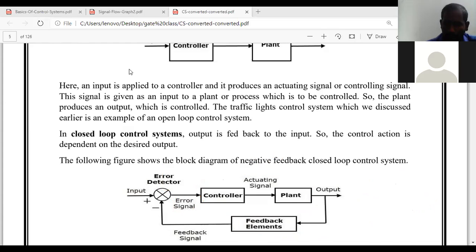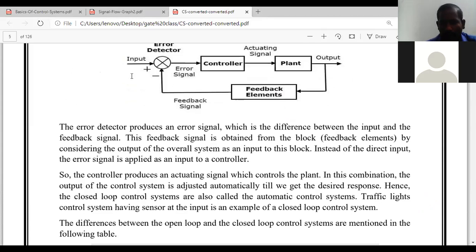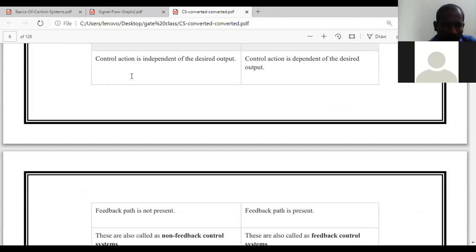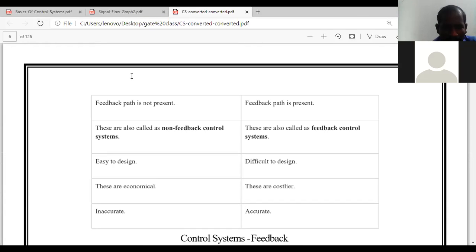Next, we move on to the examples. That is the difference. The main difference here is that in closed loop, the feedback element is there. In open loop, the feedback element is not present.